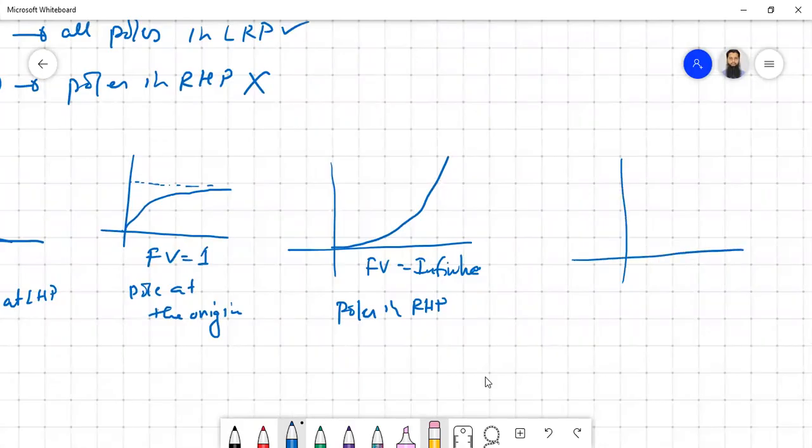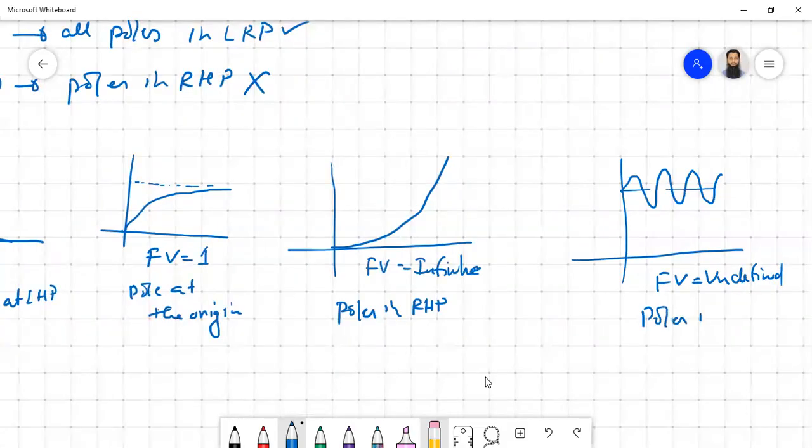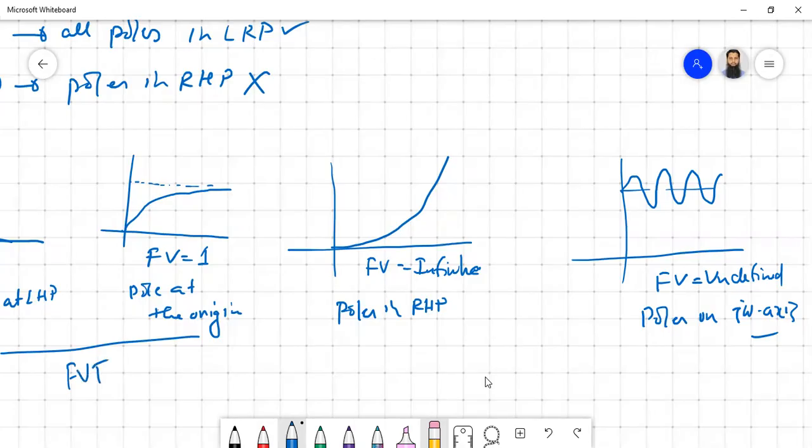Poles on the imaginary axis mean you will have pure oscillation. So in that case, your final value is undefined. Poles on the imaginary axis or j omega axis. So in these two cases we can apply the final value theorem, and in these two cases the final value theorem cannot be applied.